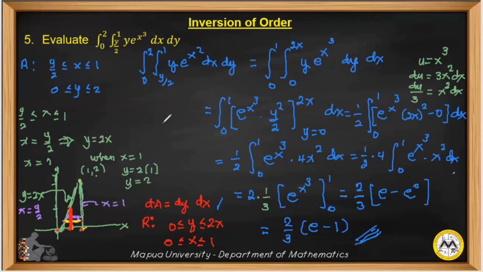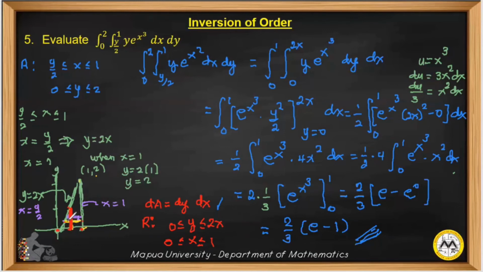So we reverse the order from dx dy to dy dx. Corresponding to the inversion of order, there is a change of limits, and we base the change of limits on the representation or on the sketch of the region R.